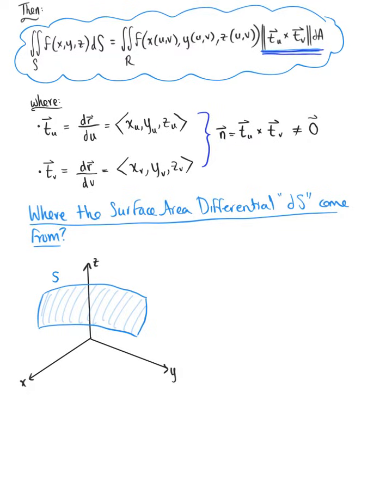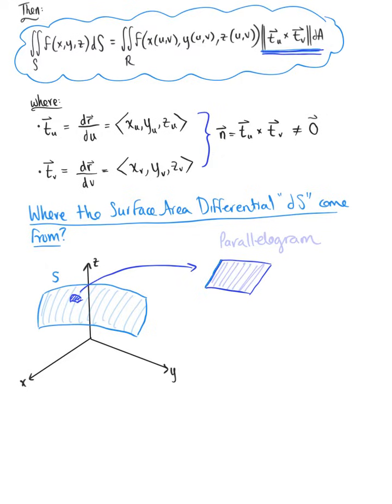So to see where this comes from, we want to think about a sufficiently small region on our surface. Let's take this little piece out. When we think about this little piece, if we blow it up, make it a little bit larger, we realize, hey, we have a parallelogram. So this small piece is a parallelogram. And we have two important features of this parallelogram.